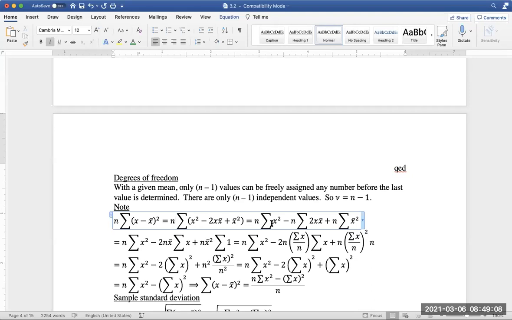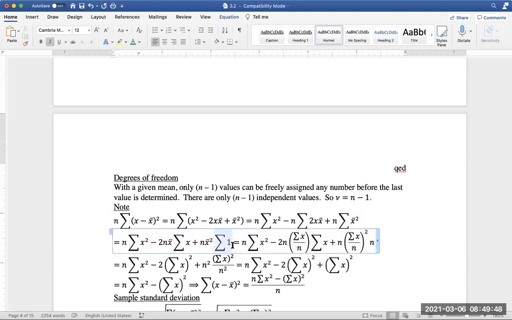This is just n times the sum of x squared minus n times the sum of 2x x bar plus n times the sum of x bar squared. Again, 2 and n are constant, 2 and x bar are constant. So I'll bring those out in front of my summation. And x bar squared is a constant, so I'll bring it out in front of my summation. So by the property of summation, we have that these are equal.